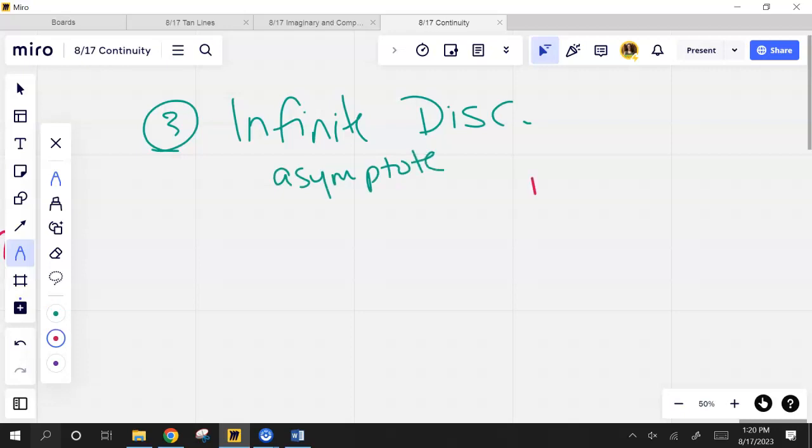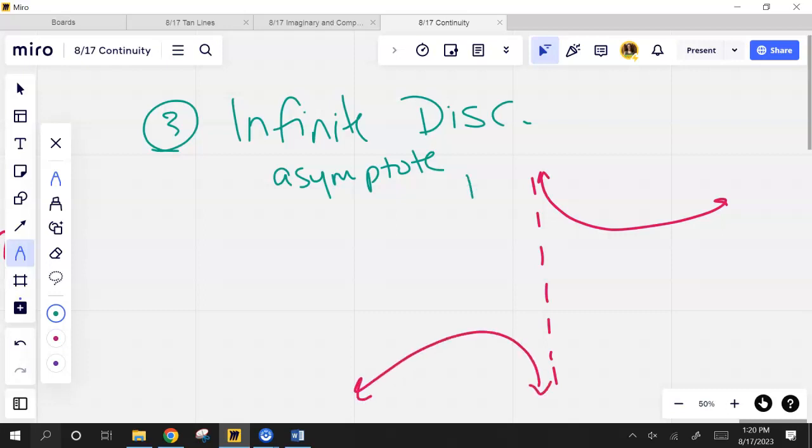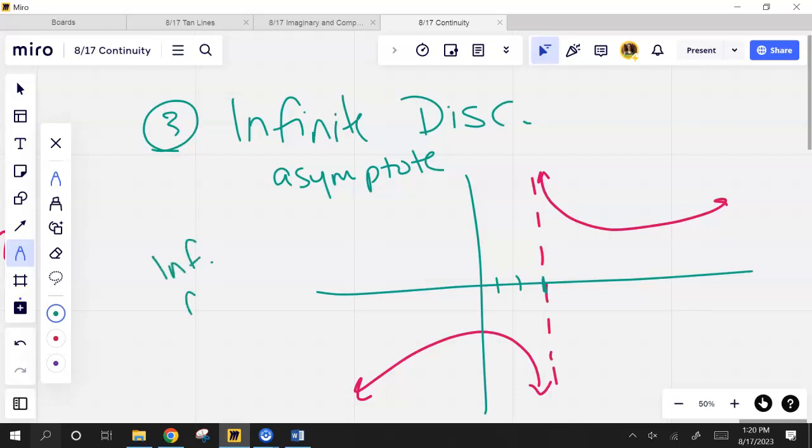So maybe I have an asymptote like this, and my graph comes up and does something like this. Put my axes on here: 1, 2, 3. This one has an infinite discontinuity at x equals what? 3.